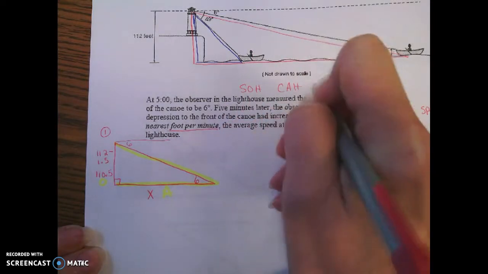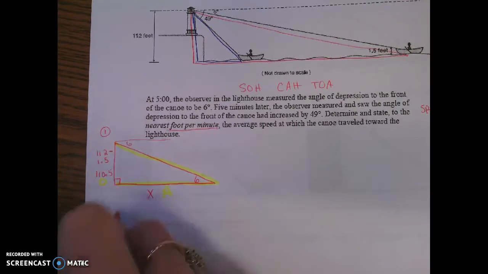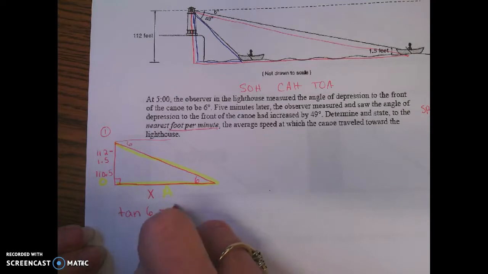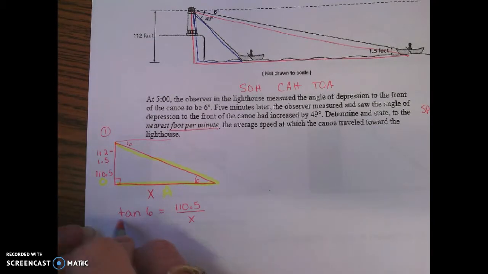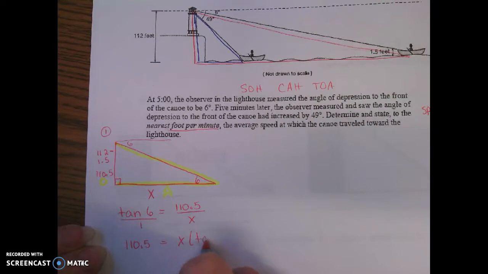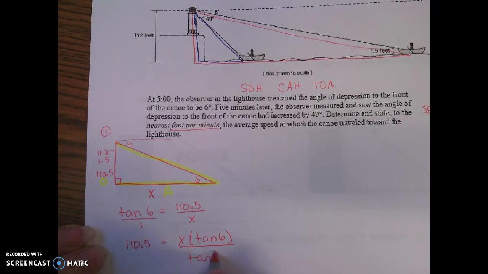So I have opposite and adjacent, so that is tangent. So I'm going to now substitute in tangent of 6 degrees is my opposite side, 110.5, divided by my adjacent side. I am not looking for the degree, so I'm going to put it over 1 and cross multiply. So I have 110.5 times 1 is going to equal x times the tangent of 6. To solve for x, I'm going to divide both sides by tangent of 6.